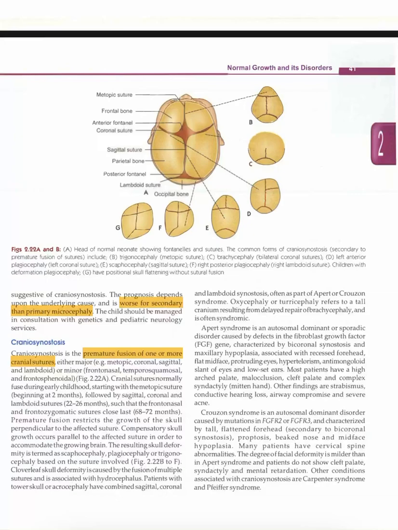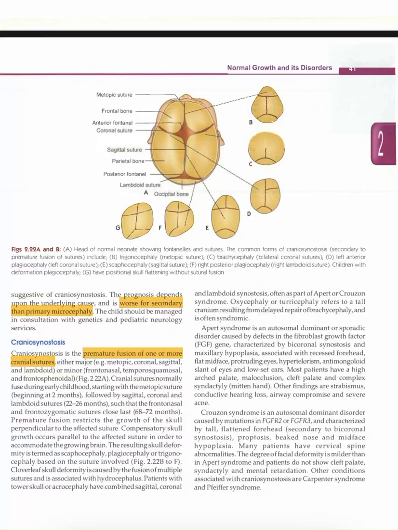Cranial sutures normally fuse during early childhood, starting with the metopic suture, beginning at 2 months, followed by the sagittal, coronal and lambdoid sutures, such that the frontonasal and frontozygomatic sutures close at 68 to 72 months. Premature fusion restricts the growth of the skull perpendicular to the affected suture. Compensatory skull growth occurs parallel to the affected suture in order to accommodate the growing brain. The resulting skull deformity is termed scaphocephaly, plagiocephaly, and trigonocephaly.